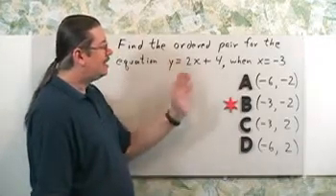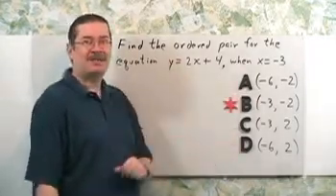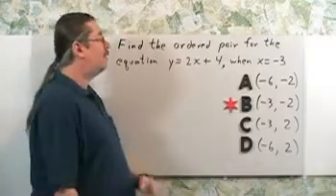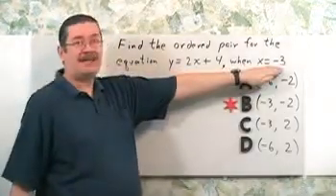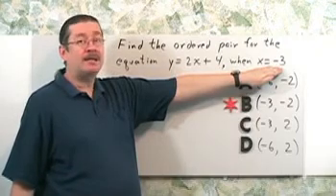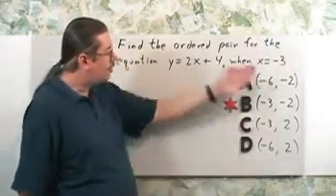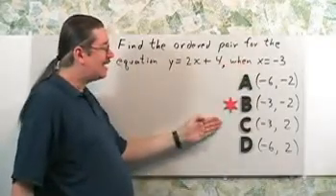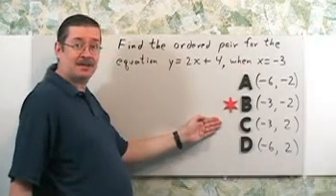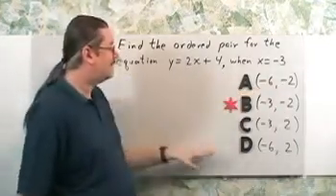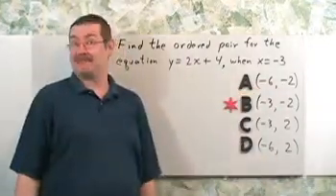You can actually eliminate 2 of these choices before we even start the problem. How? Well, x needs to be negative 3. In coordinate form, x is listed first. So looking at this list, only B and C have negative 3 in the first spot. The others don't even have them. So you can actually cross out A and D.